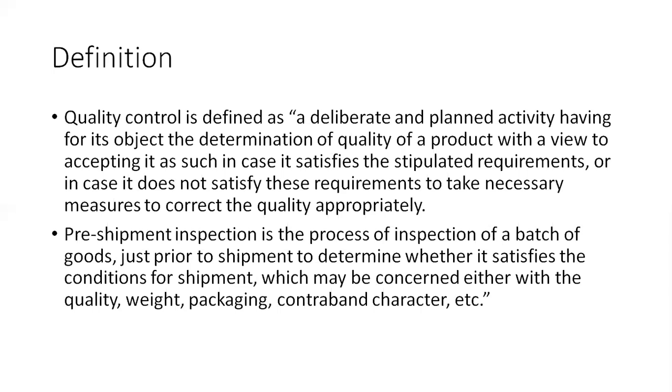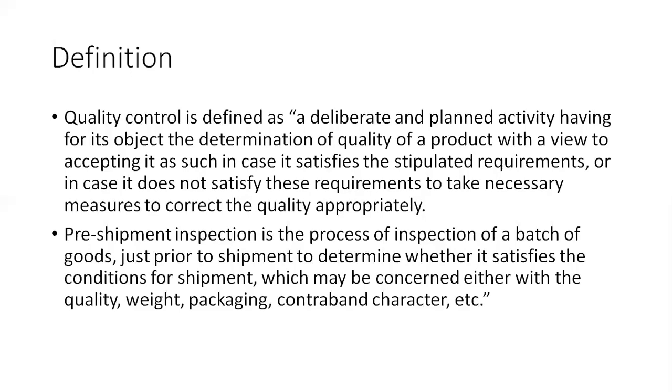The basic thing you need to understand from this definition is that, as far as India is concerned, if we talk about our Indian product and quality control rules and regulations, the government of India has prescribed certain rules and regulations for manufacturing goods and sending them abroad.